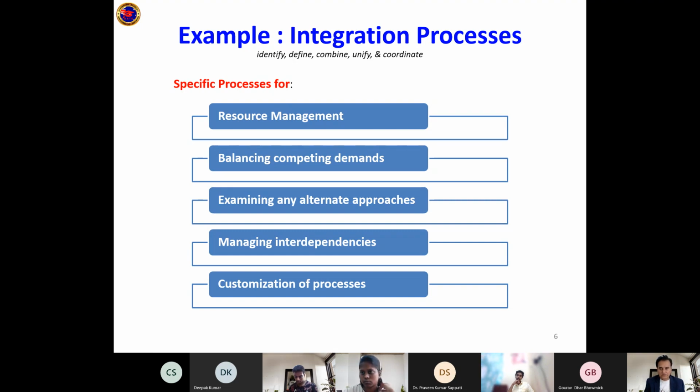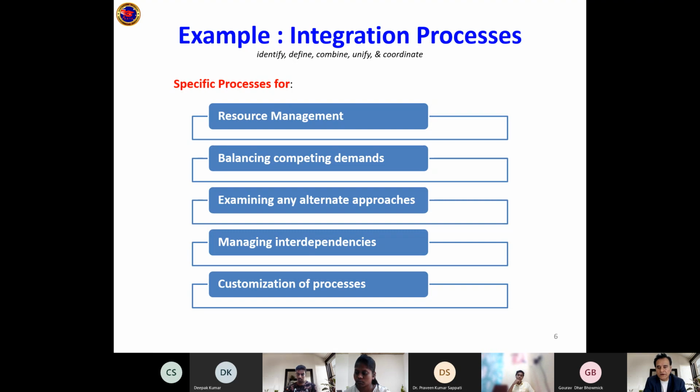Then the PMBOK method may not be the right approach. Then you need to probably go in for an agile method because something has gone wrong. So you will examine at every point of time what are the alternate routes to get to the end point. That is also your job, to continuously evaluate whether there are alternate ways.